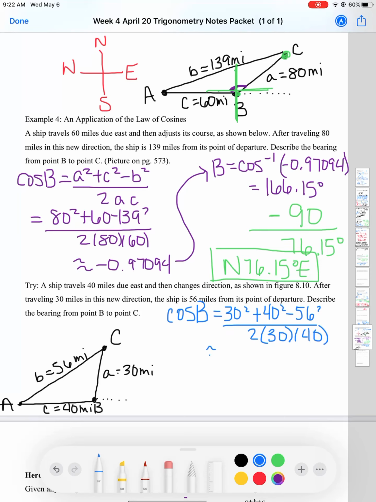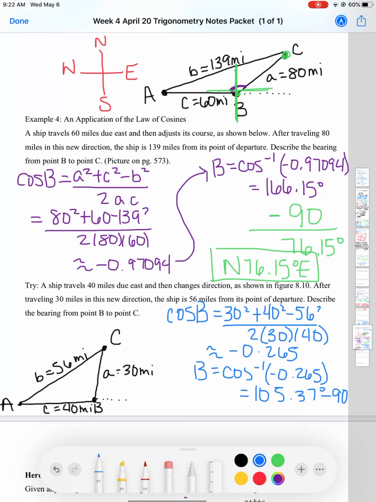That will give us about negative 0.265. To get B, we want to take the inverse cosine of that, which will give us 105.37 degrees.